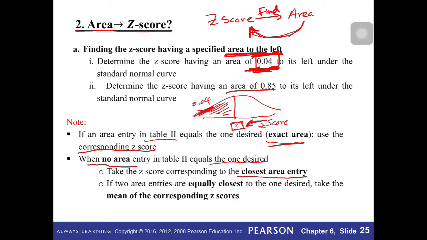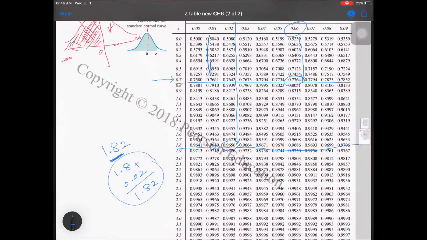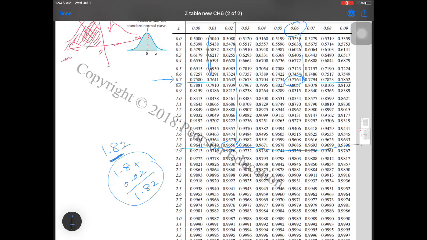Same thing in the second part. In this case, they will give you a value, let's say 0.04. Now you have to go to the table and find that value inside the table, not the first column or first row. Go inside, to the body part of the table, and try to find this value. Let me show you 0.04.